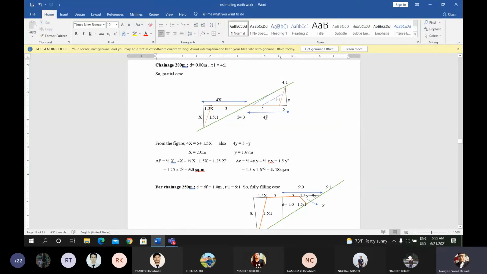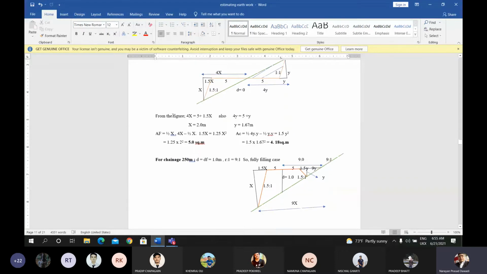Look at the figure. This hatch portion is the cutting area, and the area surrounded by the red lines of the left hand side triangle is the filling area.